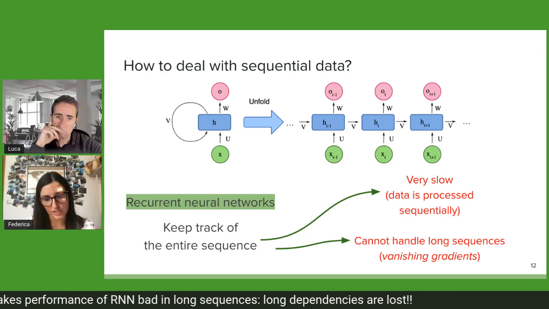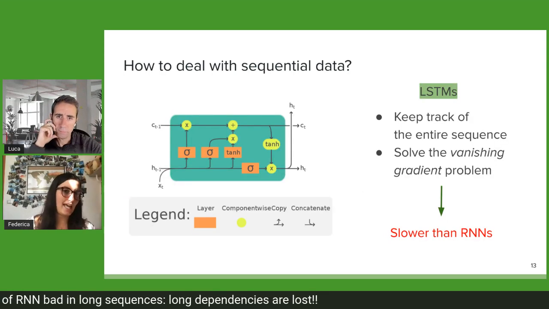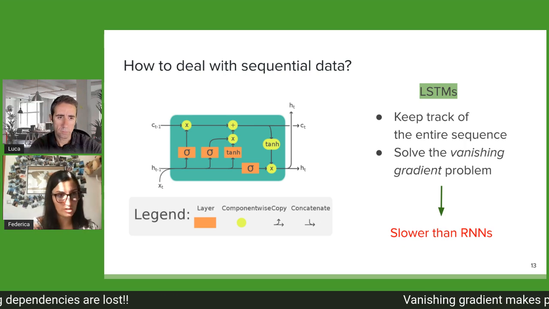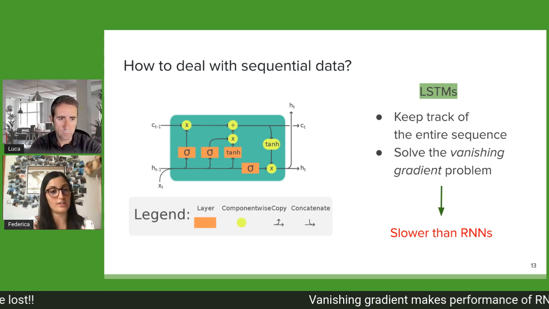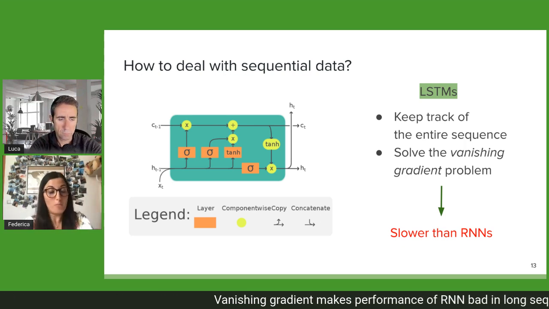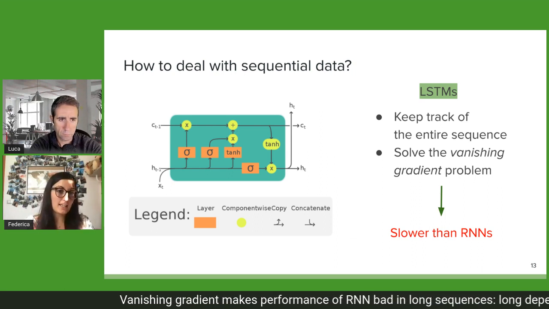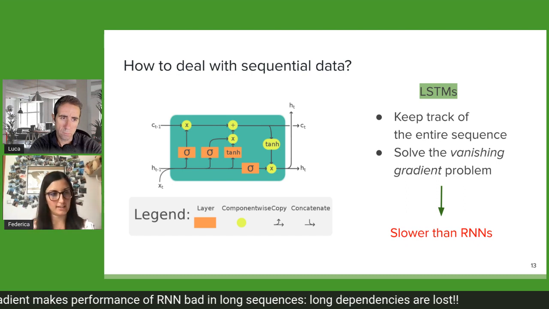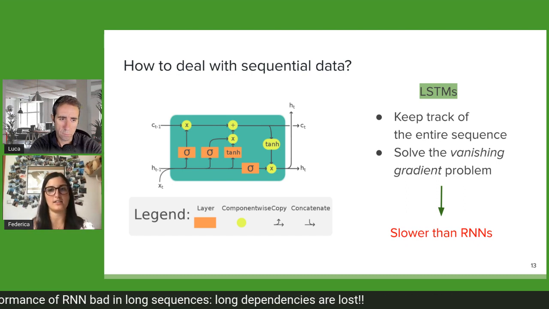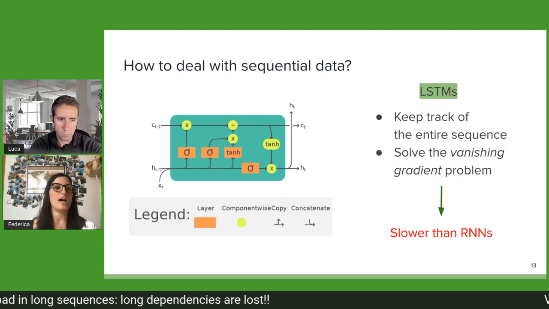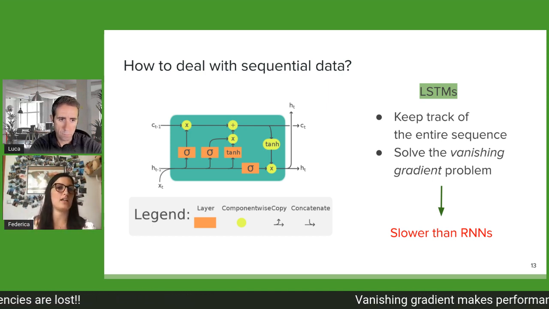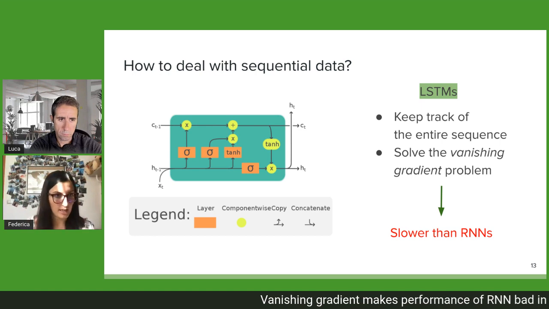And how can we solve this problem? With LSTMs. This was another architecture that was proposed in order to solve the vanishing gradient problem. And these networks can solve the problem to a certain extent. So for instance, if RNNs can process sequences up to, I don't know, 100 words, LSTMs can go up to 10,000.